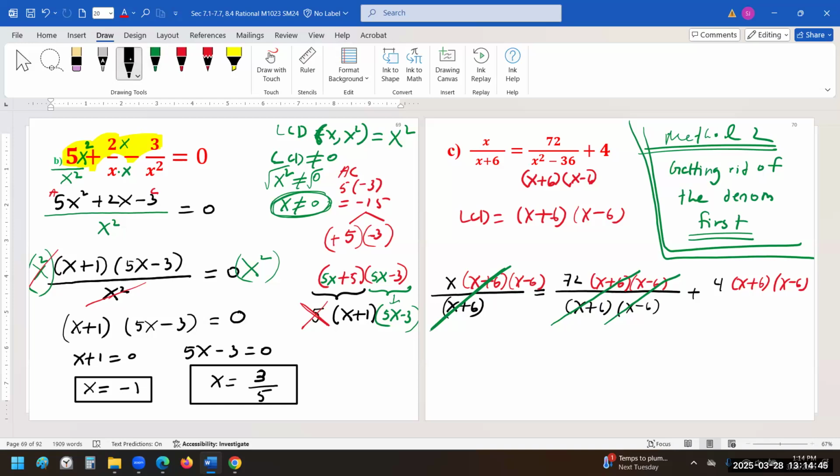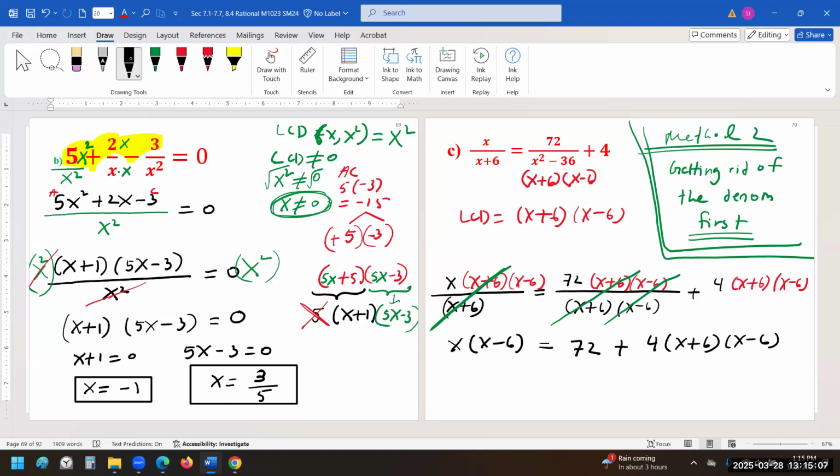And we rewrite. The first numerator gives us x and x minus 6. Right? This is what you have left. What do you have in the second numerator? Only 72. And what do you have in the third numerator? 4 times x plus 6, x minus 6.